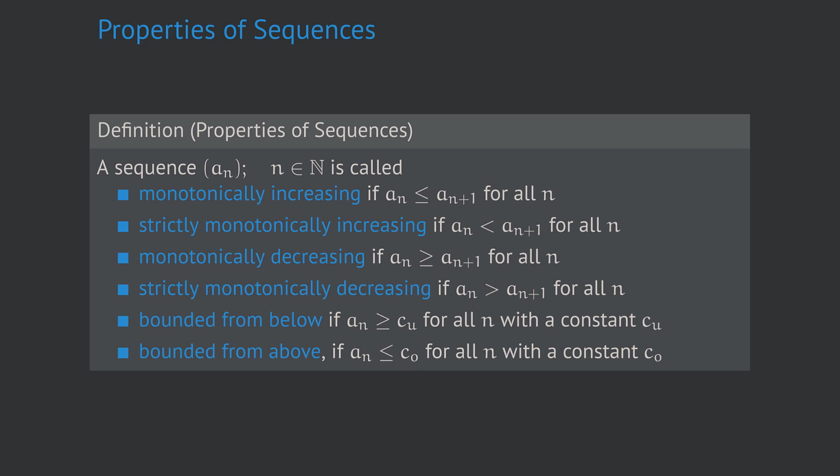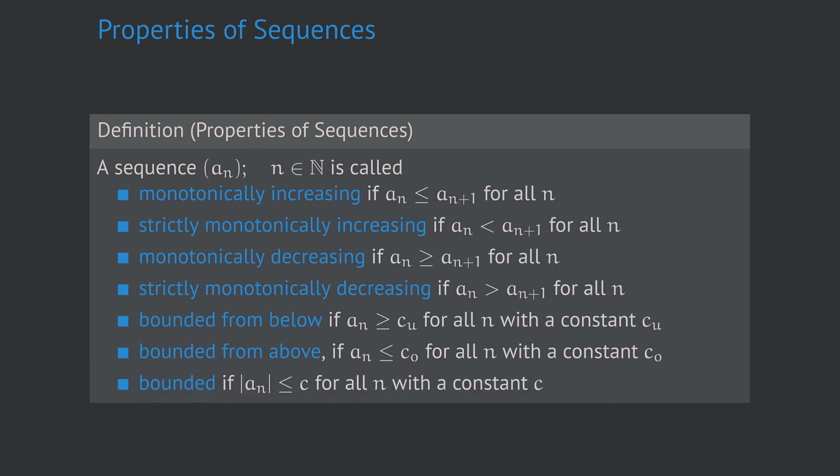That means if there is a constant co, such that every sequence member an is smaller than or equal to co. And finally, a sequence is called bounded if there is a constant c such that the absolute value of all sequence members is smaller than or equal to c. Obviously, a sequence is bounded if and only if it is both bounded from below and from above.